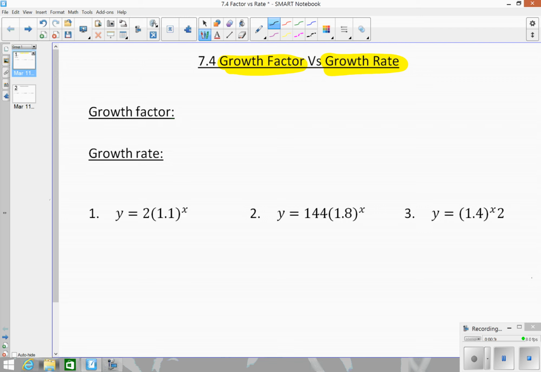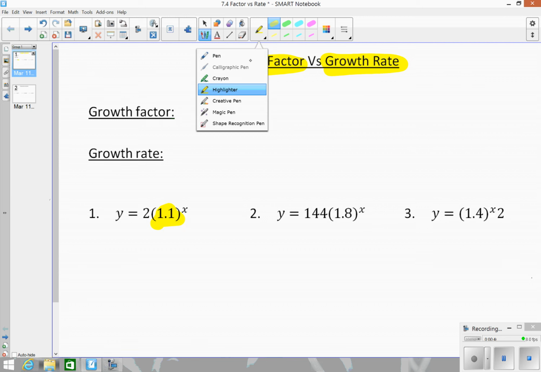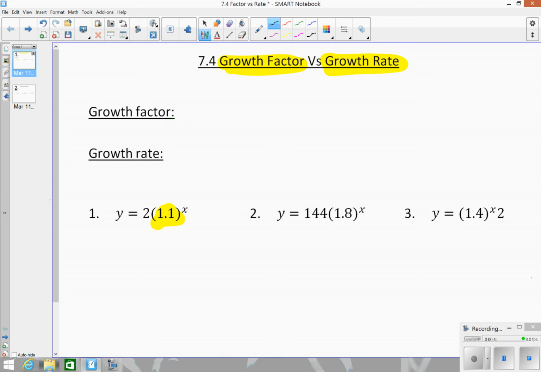A growth factor is what you see in your equation. So if you're looking at the first problem here, your growth factor is whatever is being raised to the x. So your growth factor is the common multiplier in your equation, the common multiplier of your function or equation.